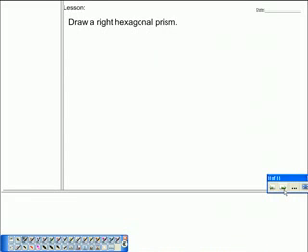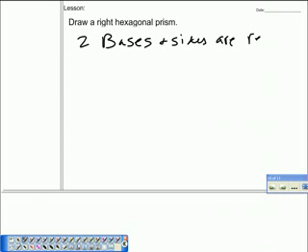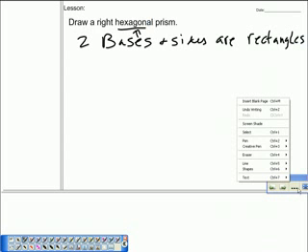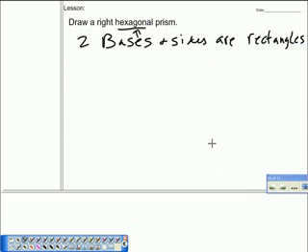A right hexagonal prism. All right, that means it's going to go vertically, not horizontally, so it's going to go up and down. I have a prism, so that means I have two bases, and my sides are rectangles, and my base is a hexagon. All right, well, I can cheat a little bit. Get my hexagon.